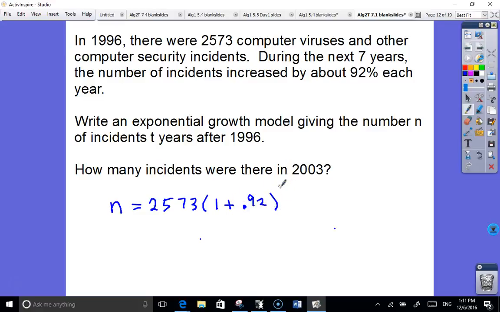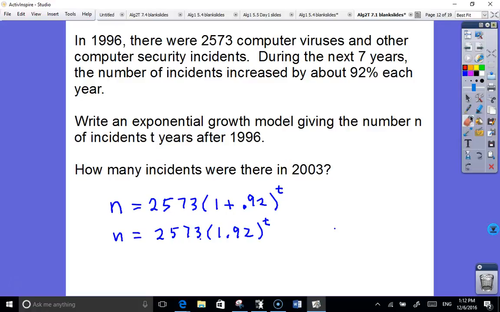And that's raised to the t power. So n equals 2,573 times 1.92 to the t power. Now whatever you do, don't try to multiply 2,573 times 1.92, right? Because they don't both have the same exponent, so you can't put them together.